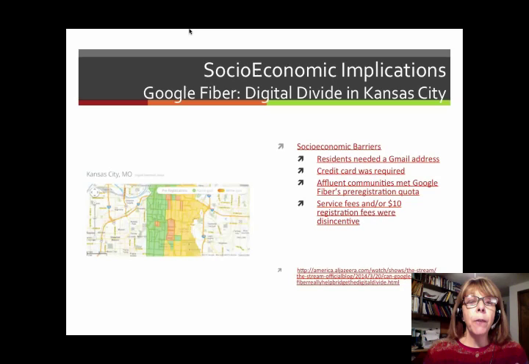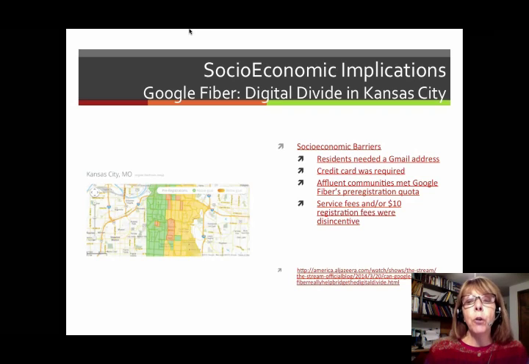And the map on the left shows the geography in Kansas City between the people in the more affluent neighborhoods who signed up right away and met the quota, versus the people in the lower income brackets who could not, and did not want to or see the need to, sign up for connectivity.